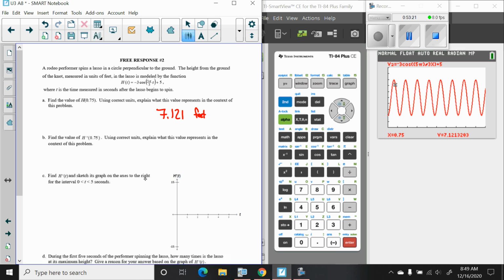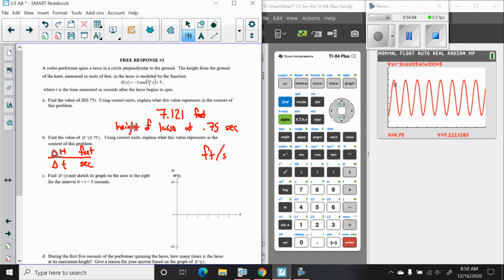Find the correct value. Now this is a change in h, which is feet, right? That's change in y over change in x, change in time, so change in seconds. So this is going to be feet per second. This is how fast the lasso is going. I hope that makes sense. So this is the height of the lasso at 0.75 seconds.